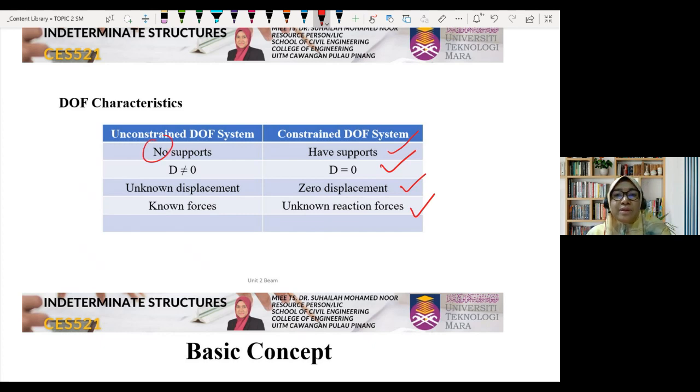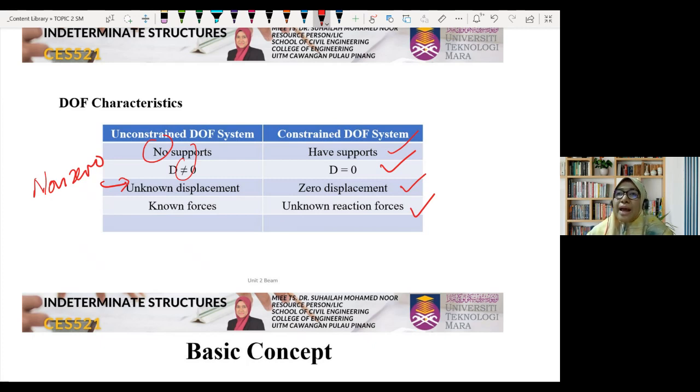If in constrained the displacement is equal to zero, in unconstrained the displacement is not equal to zero. In constrained there is zero displacement; the other is non-zero displacement, or unknown displacement. Zero or non-zero. Non-zero means unknown displacement.